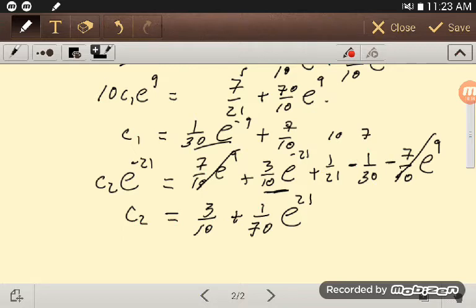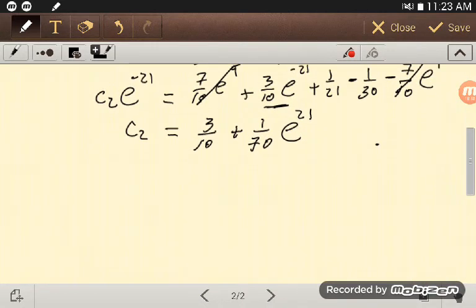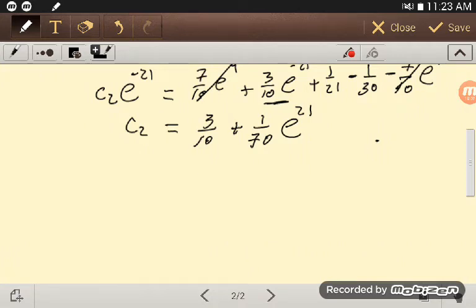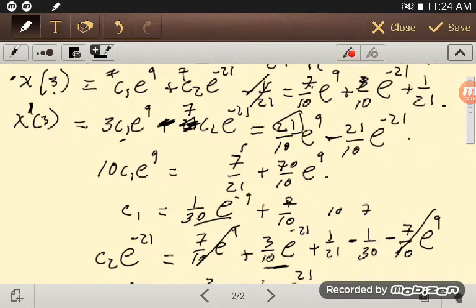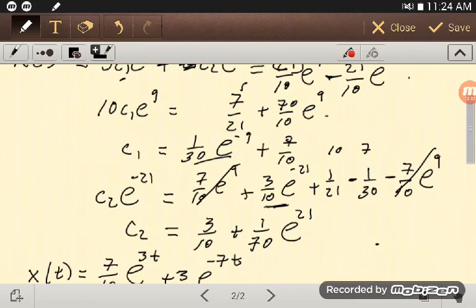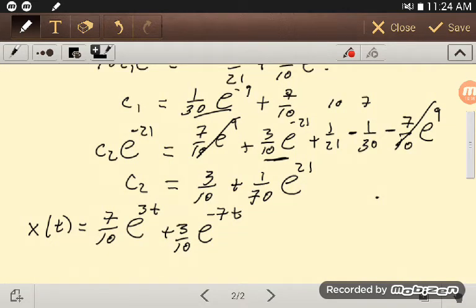And so what that says, when I put that together, is that x of t is equal to 7 over 10 e to the 3t plus 3 over 10 e to the negative 7t. That was the homogeneous part, the C1 part there.